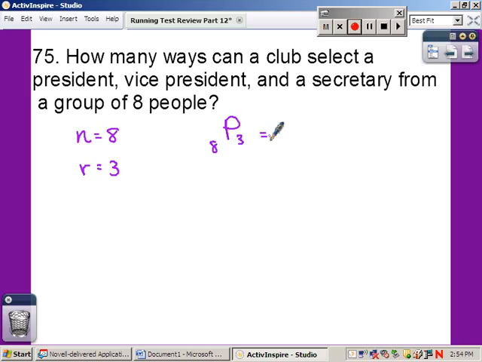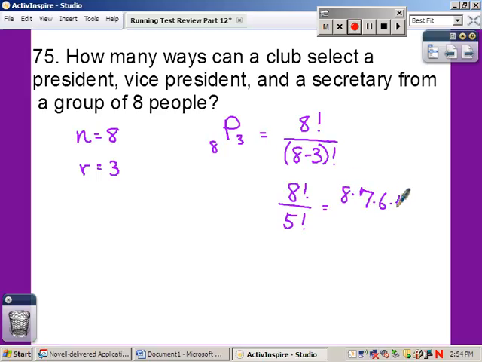And the formula for that is to put n over this. So what we end up with out of this is 8 factorial over 5 factorial. I'm going to write this out this time so you can see what happens.